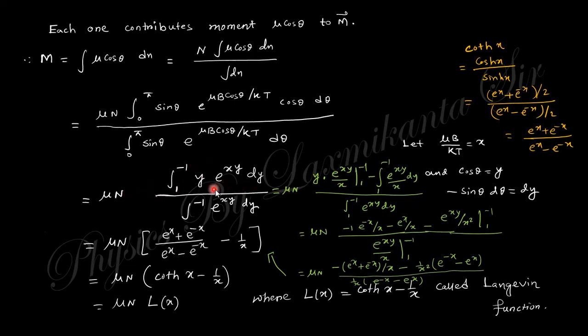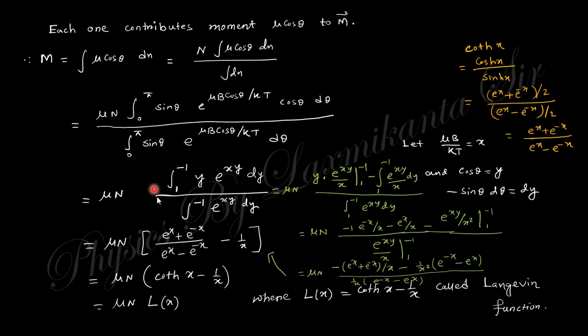That is, mu n is equal to this one. I think you can do this calculation. Just take this as x, that is mu B by kT, and cos theta equal to y. So cos theta is y, and dy is nothing but minus sin theta d theta.